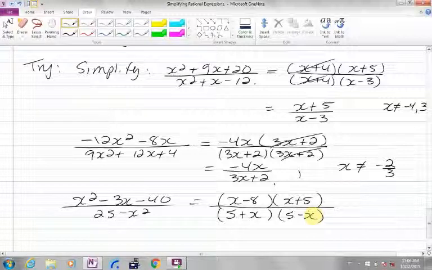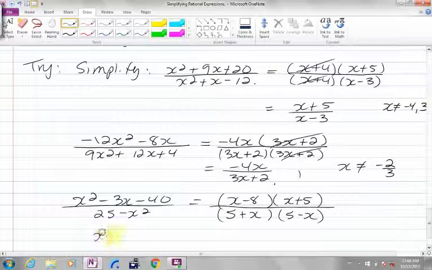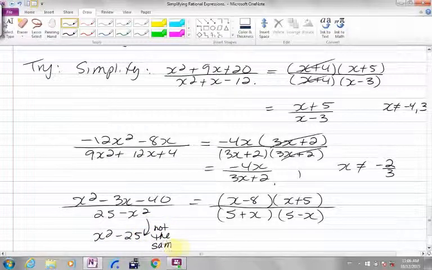Well, actually, that one it doesn't matter, but the second one it does. You can't just reverse the order because you're more comfortable or used to having the x squared at the beginning, because x squared minus 25 is not the same. So if x squared is at the end, then the x's go at the end. All right? So that's important. We're going to talk about that more in just a sec.